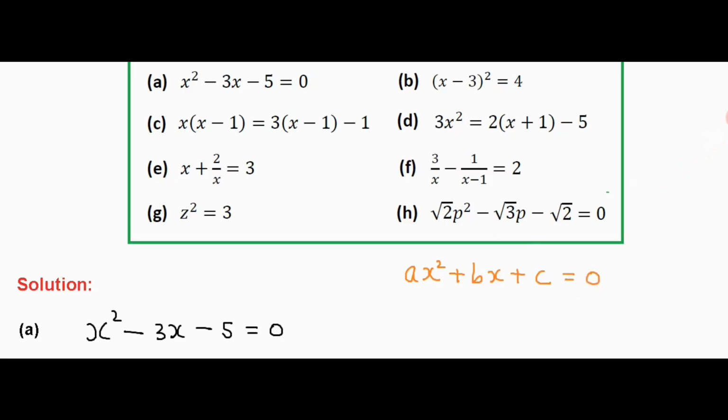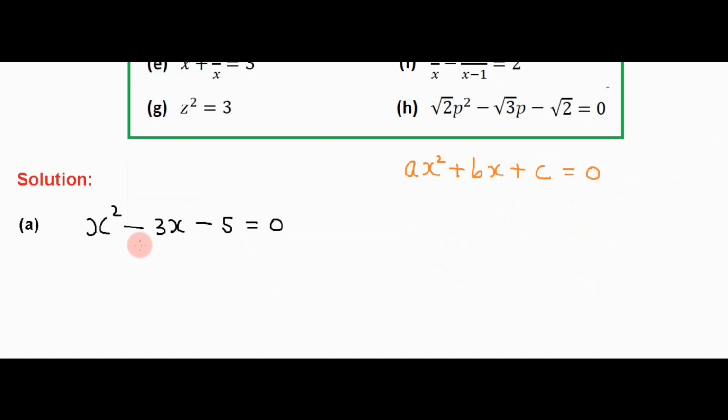So we can start straight away by writing down the values of a, b, and c. So a is the x squared coefficient, and it's 1. B is the x coefficient, and that's negative 3. And c is the constant, which is negative 5.